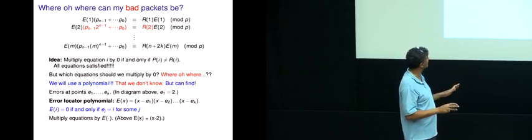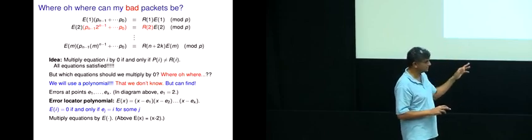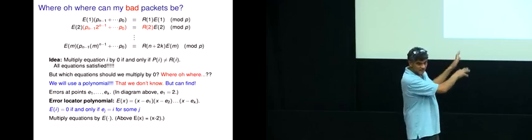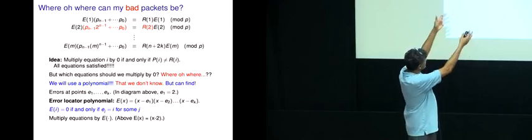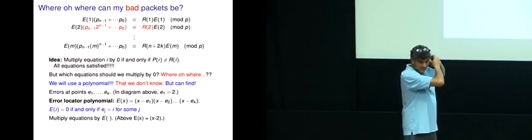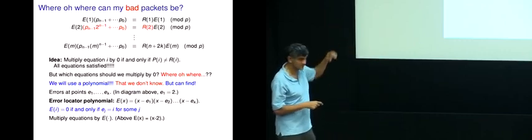If I know the values Pn through P0 and E1 through Ek, then it will give me a solution to these equations. You tell me where the errors are, you tell me the polynomial, you plug it in, and all the equations will be satisfied.